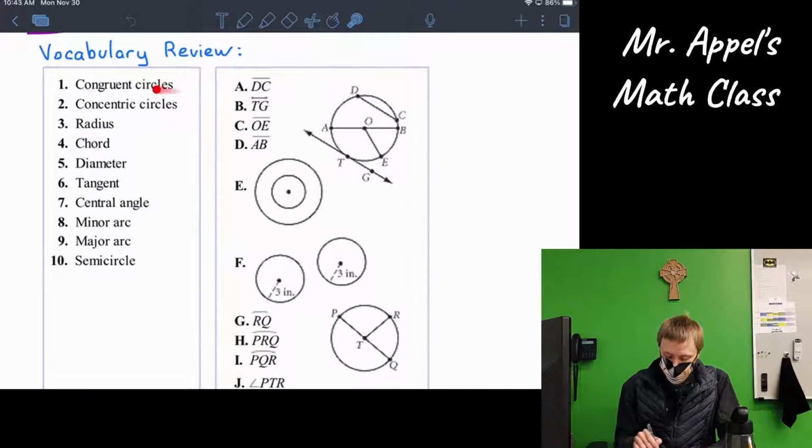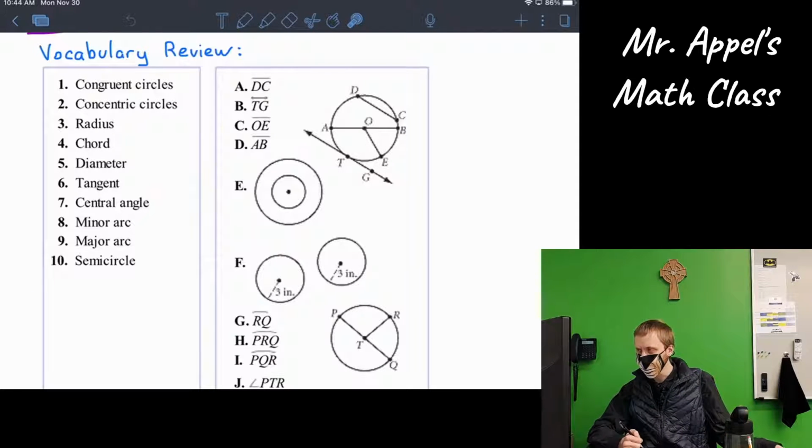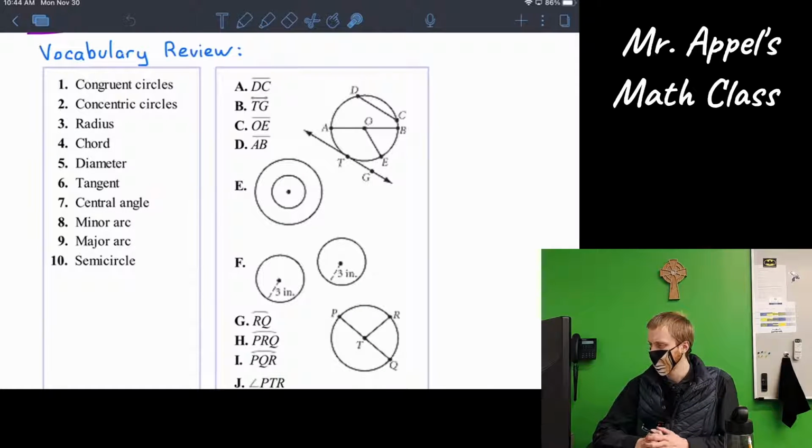We're just matching this guy to these guys over here. Which letter here represents the congruent circles? Six. Got 6 good answers. There we go. Thank you, Axel.